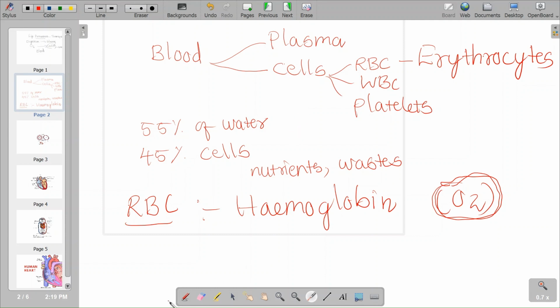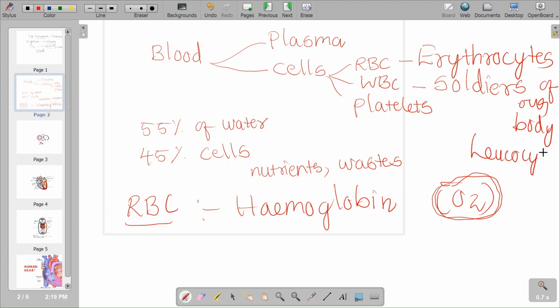WBC's function is protecting our body from microorganisms. So we can call WBC the soldiers of our body. WBC are also called leukocytes. It protects our body from harmful microorganisms.